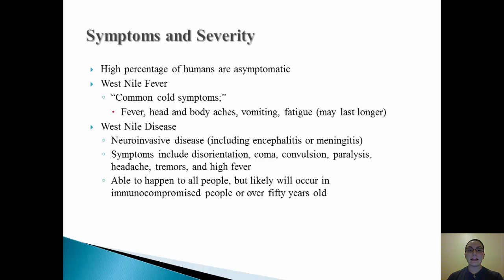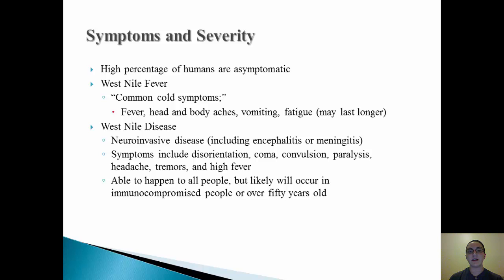Only 20% of people who contract the West Nile virus come down with symptoms, and 80% of the people are actually asymptomatic. When you come down with the symptoms, either the infected host will get the fever or the disease. About 20% of the people get the fever, and only approximately 1% of people contract the disease.